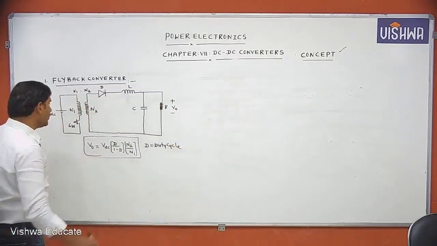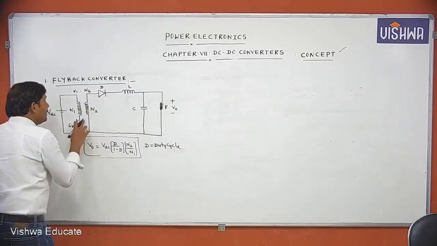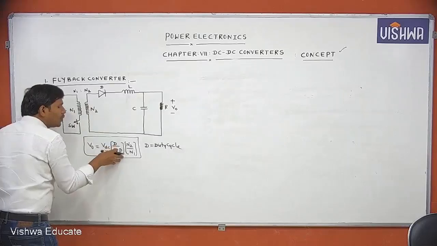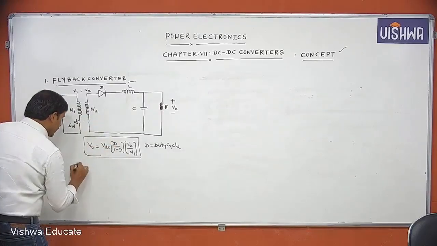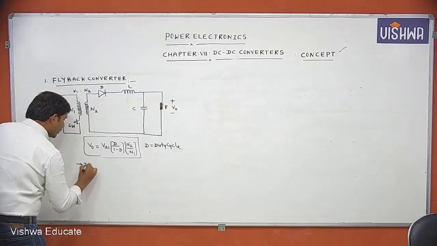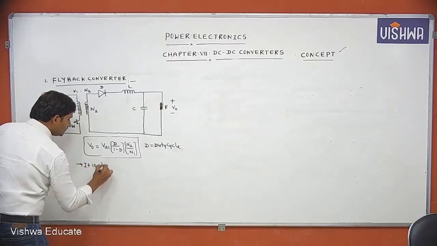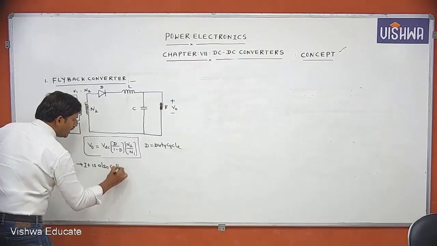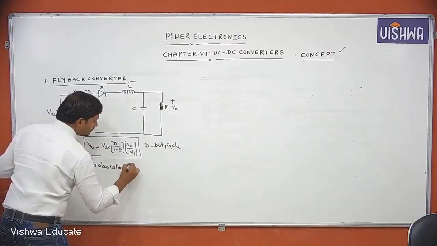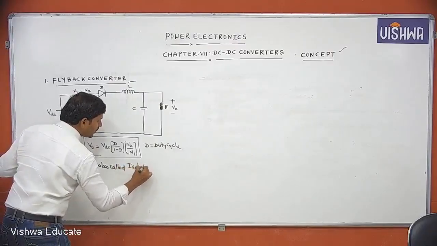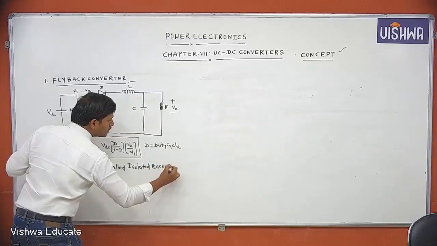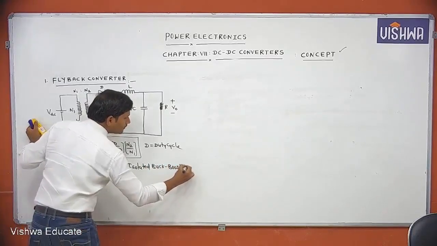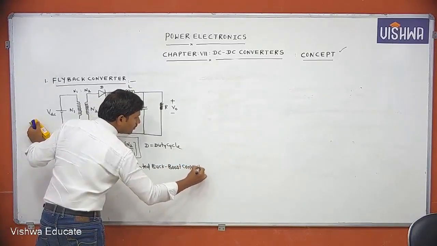A point to remember: without isolation, it is a buck boost converter. That's why it is also called the isolated buck boost converter, with the isolation transformer we are using.